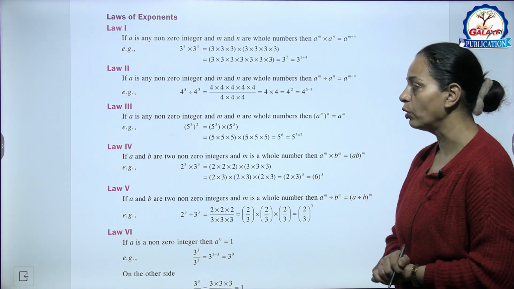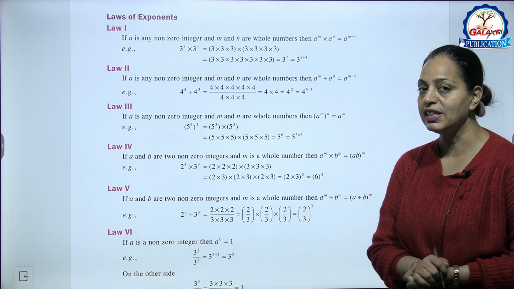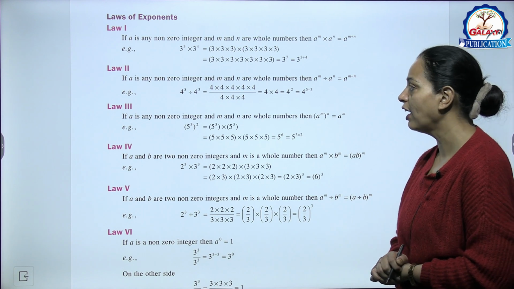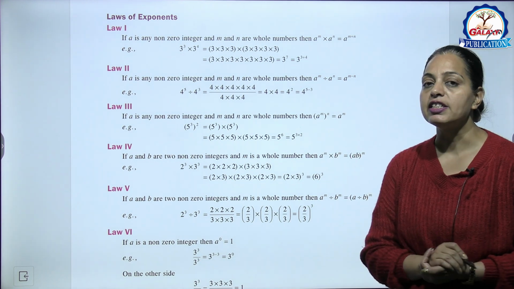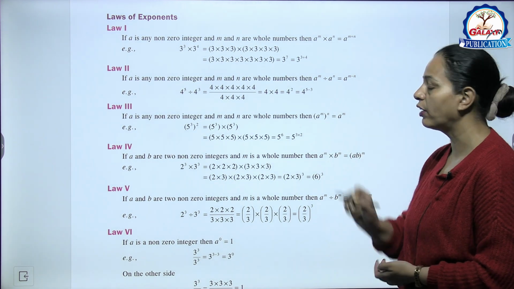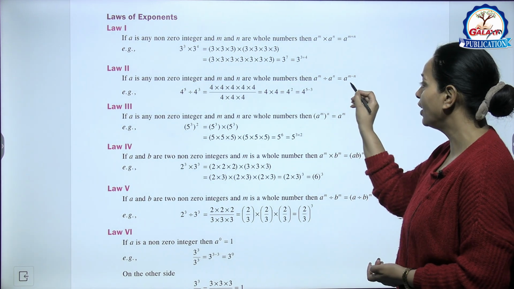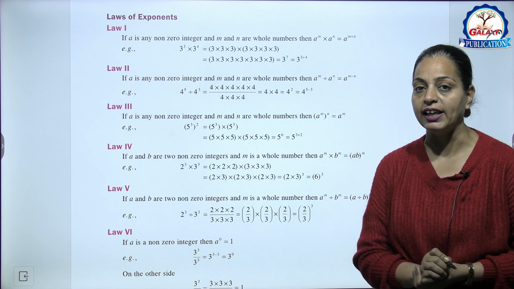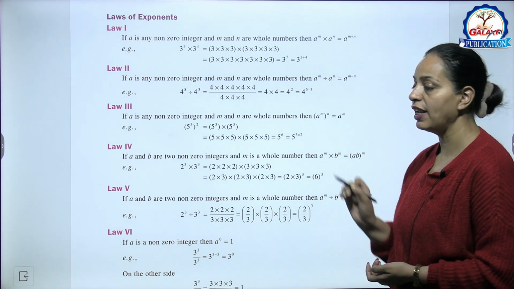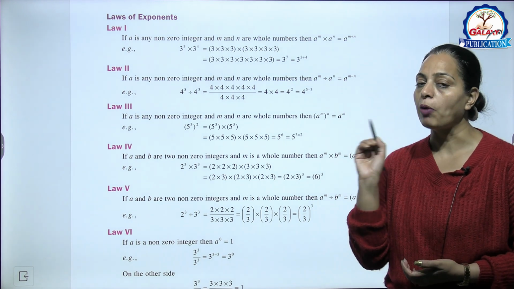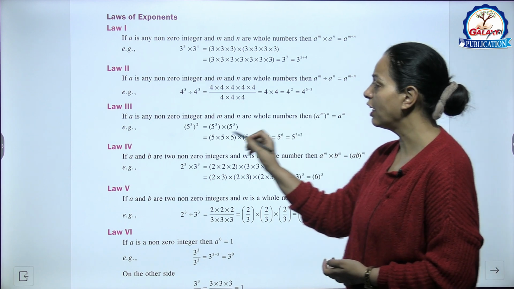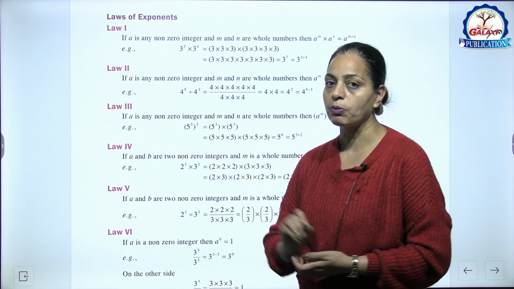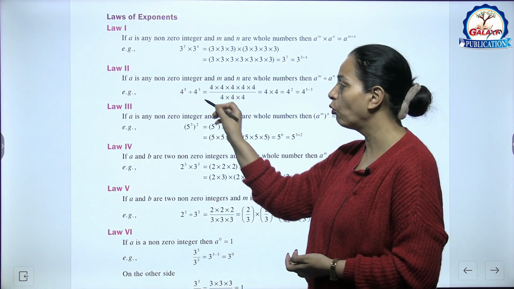Now law 2: if a is any non-zero integer and m and n are whole numbers, then a raised to the power m divided by a raised to the power n equals a raised to the power m minus n. यानी अगर बेस सेम है, डिवीजन साइन है, तो पावर्स क्या हो जाएंगी? माइनस. ओके, सो नाउ सी हियर फॉर एग्जांपल 4 raised to the power 5 divided by 4 cube.